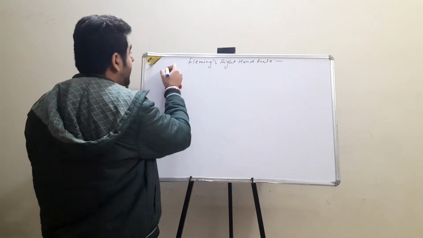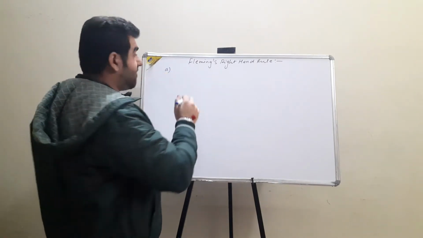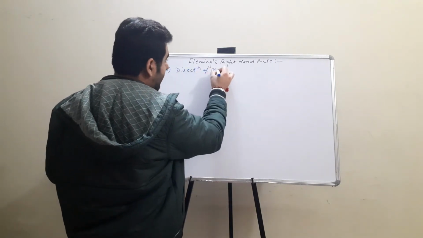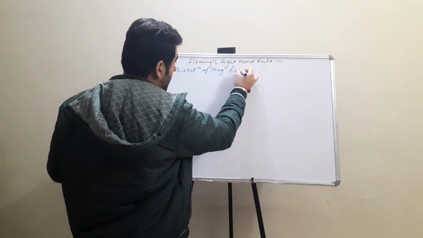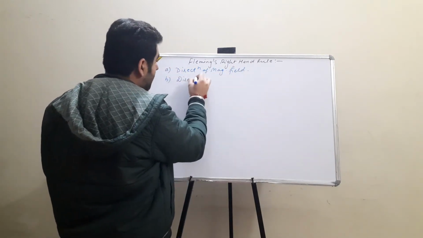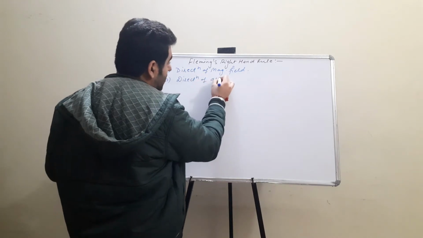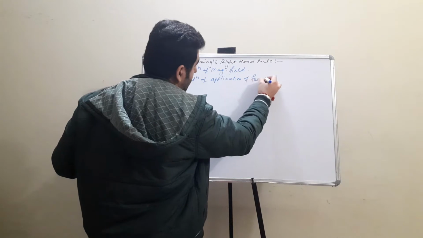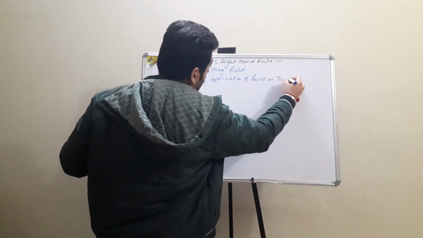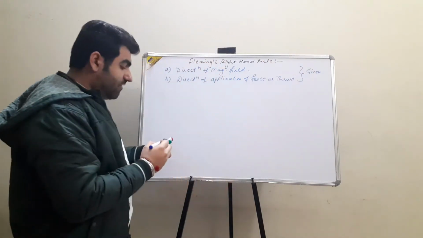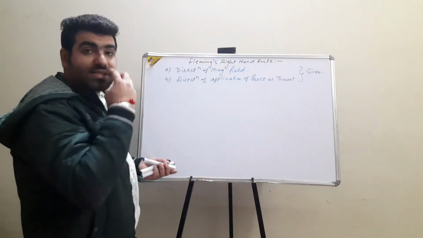This rule is applicable when the following things are given: when we know the direction of magnetic field and we also know the direction of application of force or thrust. If these two things are given, then we can think of applying Fleming's right hand rule.